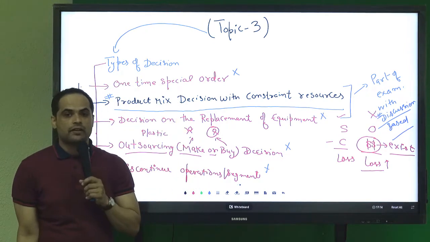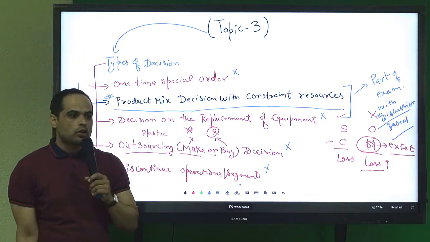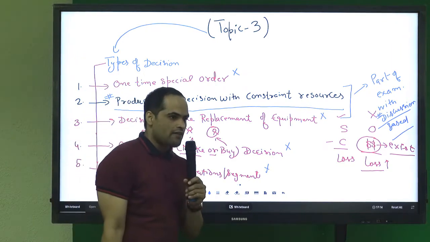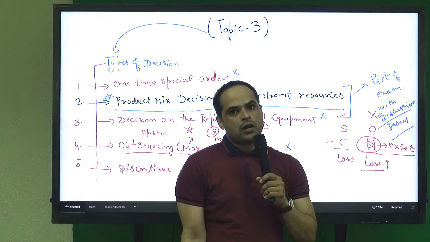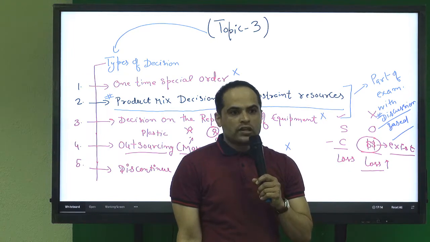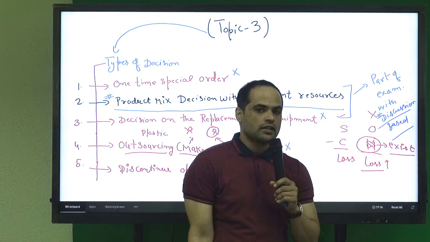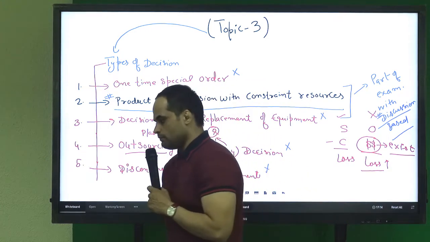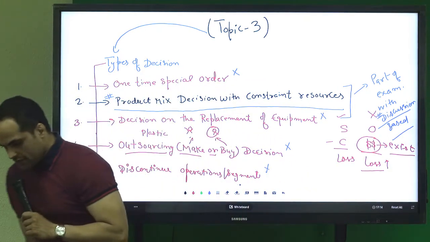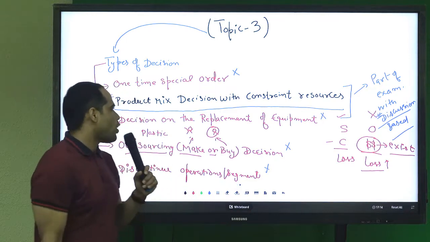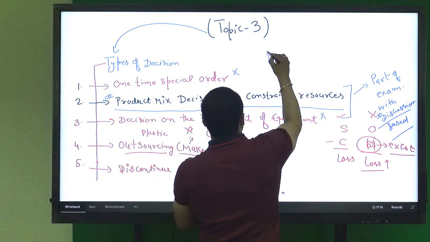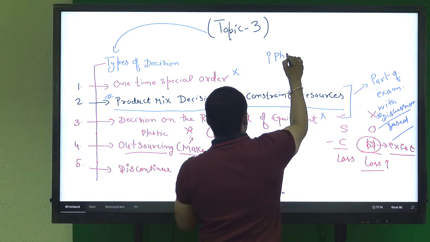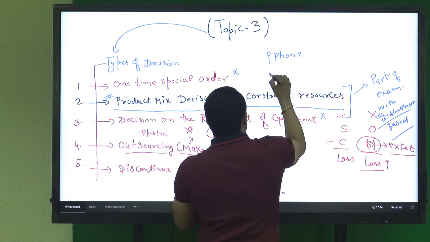Constraint means very limited or scarce resources. All right. So when we have limited options, then which product should we produce first and which product should we produce second? For example, I give the example of iPhone and iWatch.